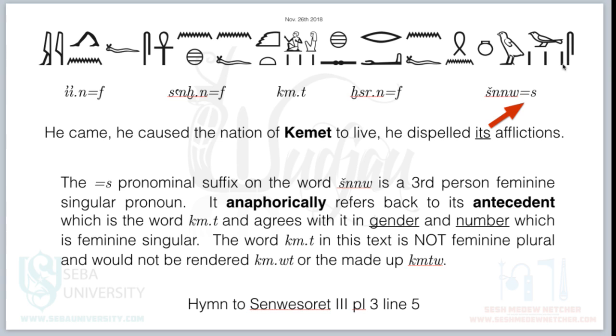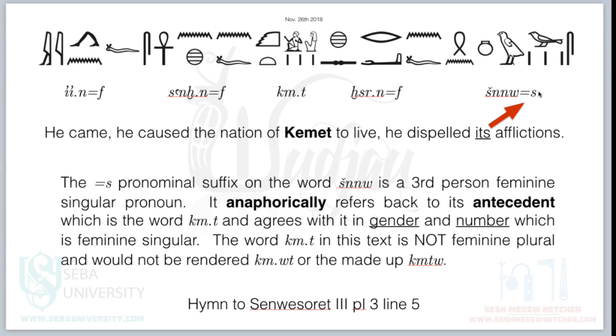So this s is a third person feminine singular, matching what it's referring to, which is this word Kemet, which has to also be feminine singular. They have to agree. And in linguistics, we call this concordance, where words are matching in gender and number.